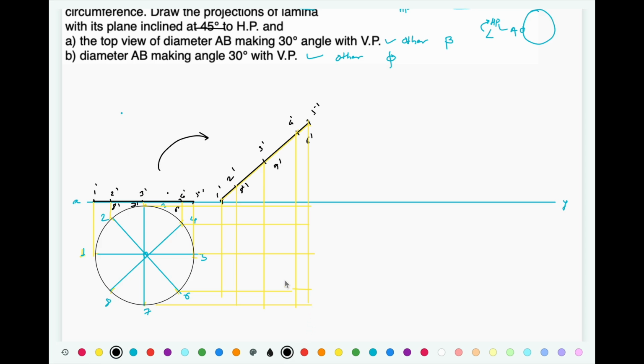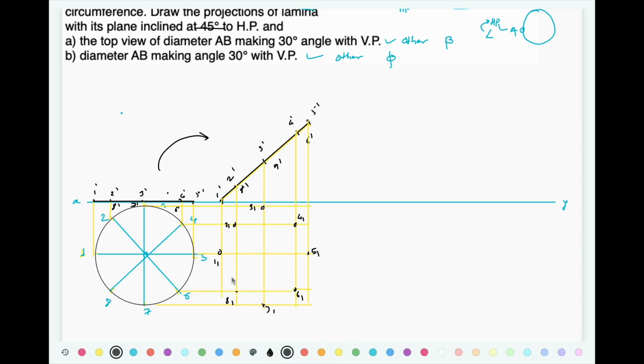Now mark the intersection points. So this is 1 1, 2 1, 3 1, 4 1, 5 1, 6 1, 7 1 and 8 1, and then connect all those points with a freehand curve and complete the ellipse.